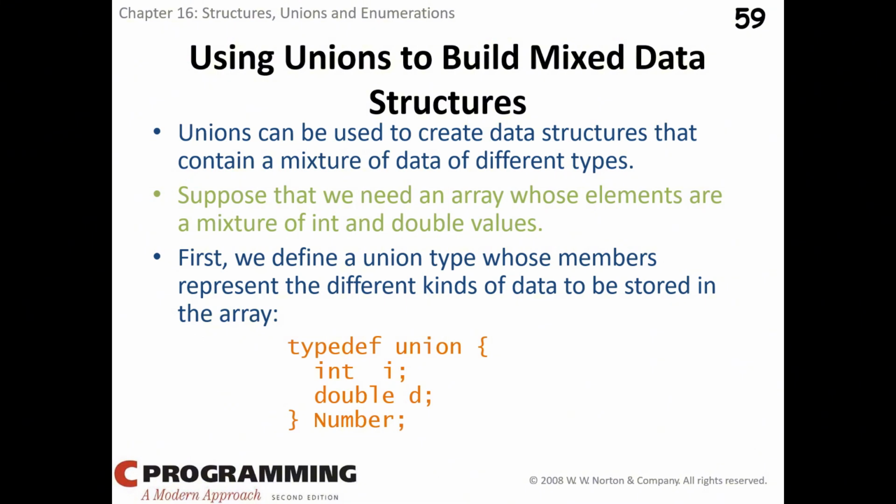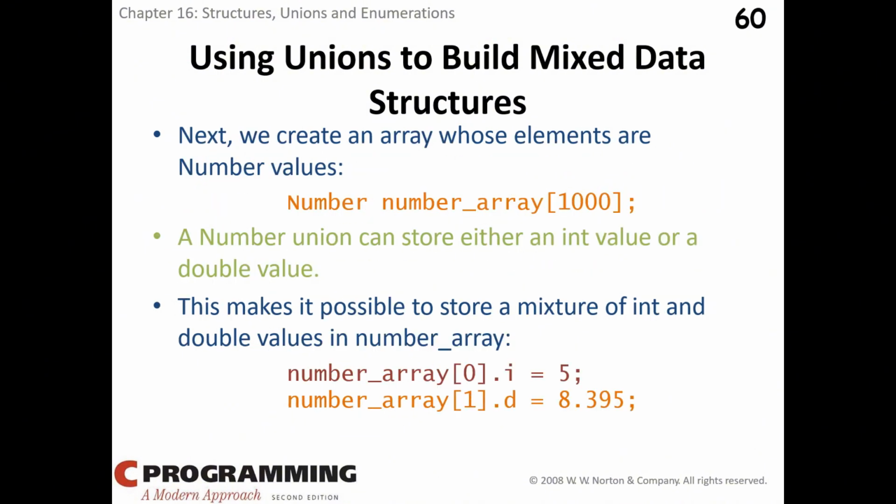This union type is named number and encompasses two members, i for integers and d for doubles. This gives us the groundwork for an array that will accommodate a blend of integer and double data. By leveraging unions, we can tailor our data structures to accommodate various data types.